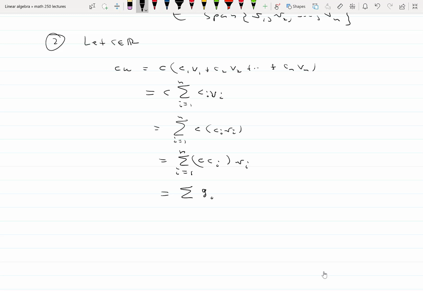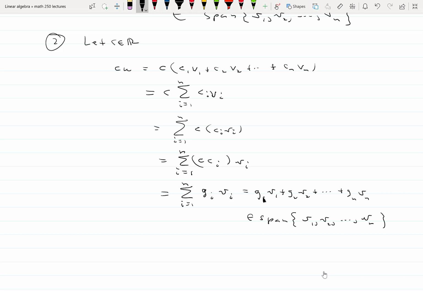This is just another linear combination. Let's say Gi Vi, i goes from 1 to n. That's just another linear combination of the Vi's. So c times G1 V1 plus G2 V2 plus all the way up to Gn Vn. That's just another element from the span.